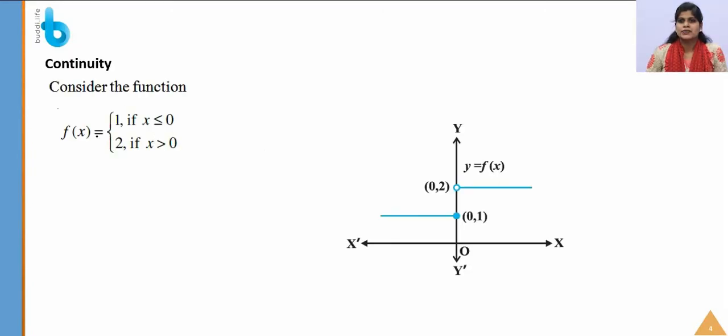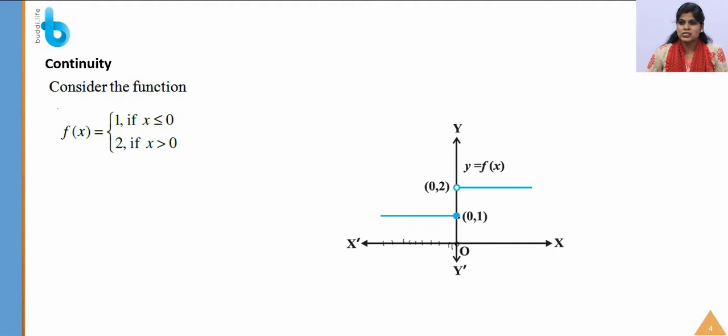Consider this function: f of x equals 1 if x is less than or equal to 0, and 2 if x is greater than 0. The graph of this function will be like this. For every x less than or equal to 0, the y value, that is f of x, is 1, including for 0.